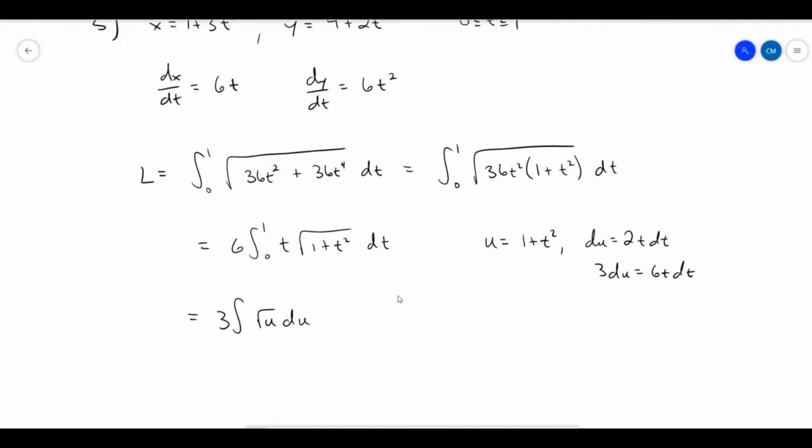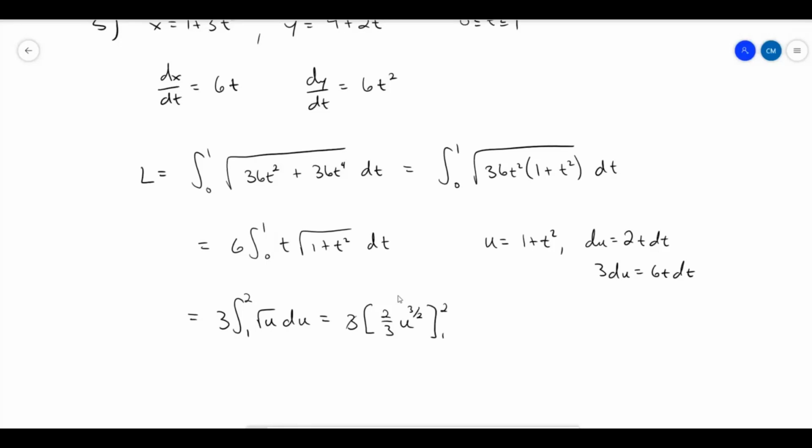And then we also have to change the bounds, right? The lower bound was 0, now it's going to be 1. The old upper bound was 1, and now it's going to be 2. Now remember, that is u to the 1/2 power, so we raise that by 1 and get 3/2, so we'll put a 2/3 u to the 3/2, evaluated from 1 to 2.